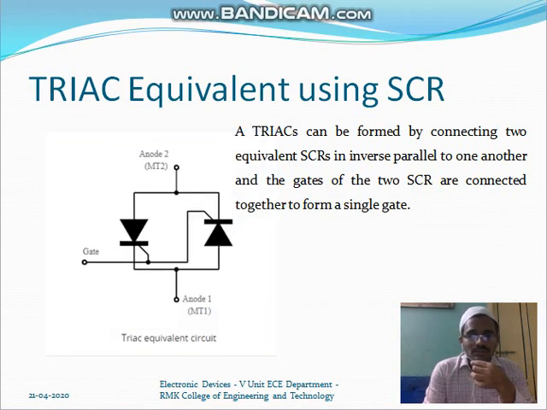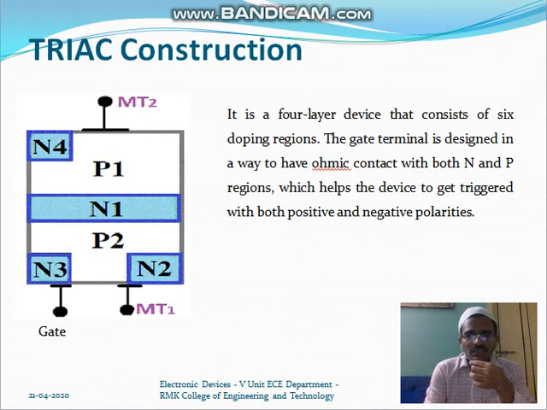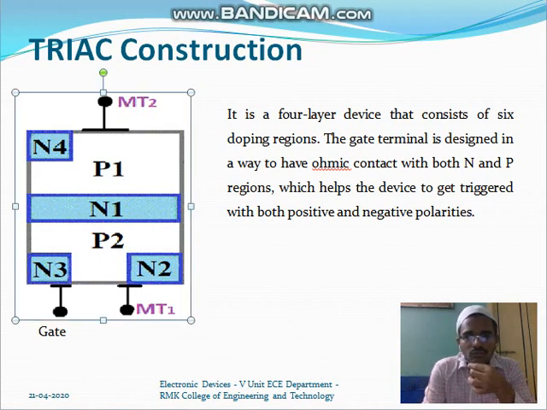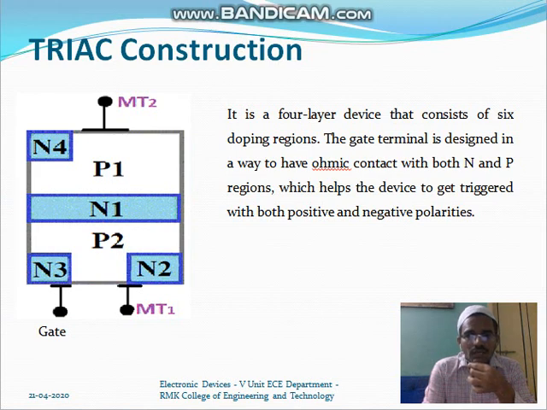Fine. Next, we see the construction of the TRIAC. Now if you can see the construction of the TRIAC, we can see how many layers it possesses. It is a 4-layer device that consists of 6 doping regions.